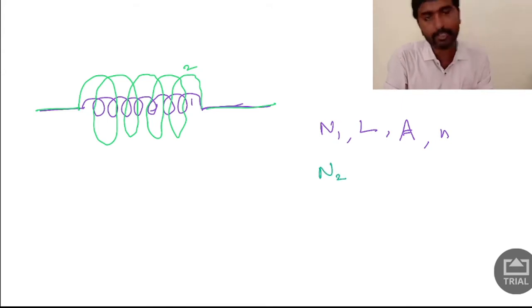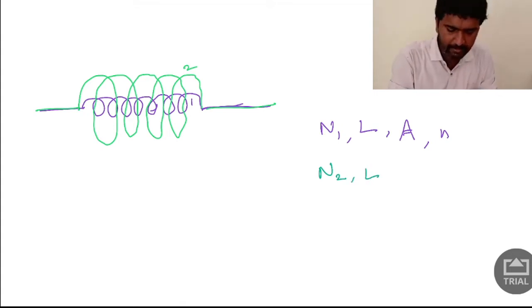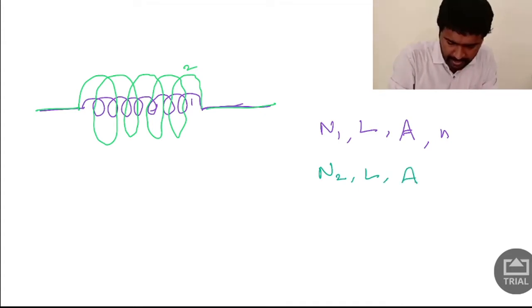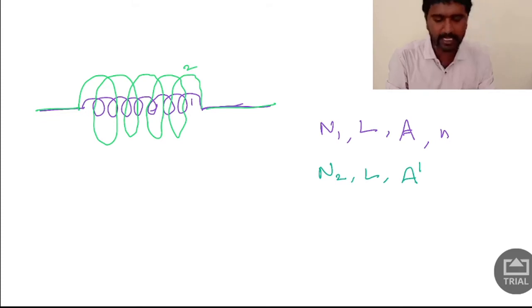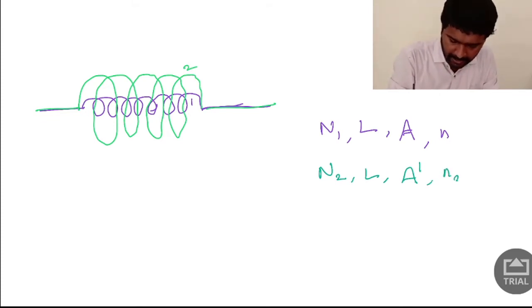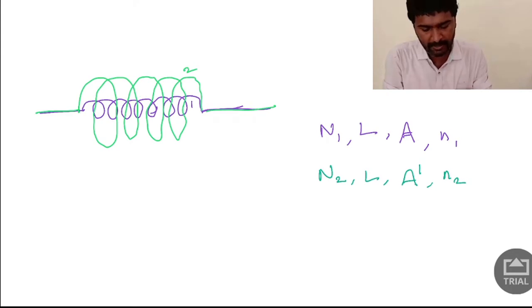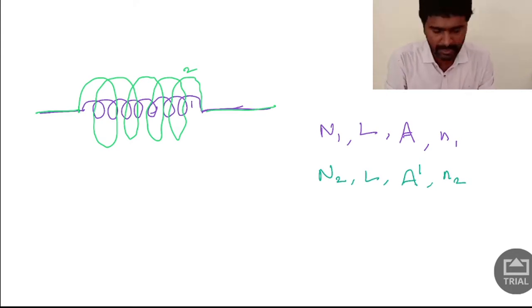Now let us write down the data for the second one. Let's say N2 is the total number of turns in the second coil, and L is the length, because the lengths of both are the same. Let us take A prime as the area of the second coil, and small n2 is the number of turns per unit length of the second coil, and small n1 is the number of turns per unit length of the first coil.